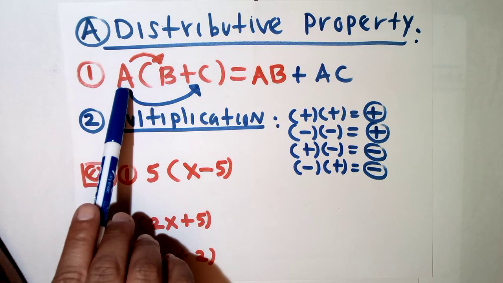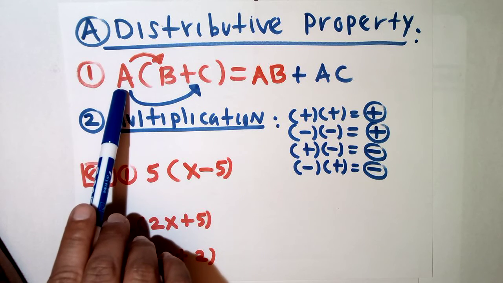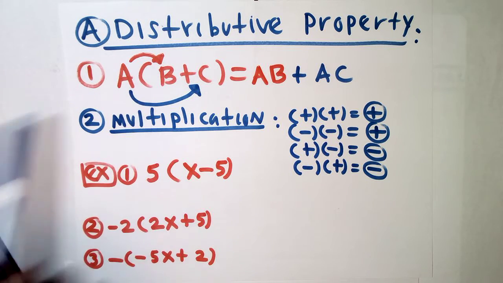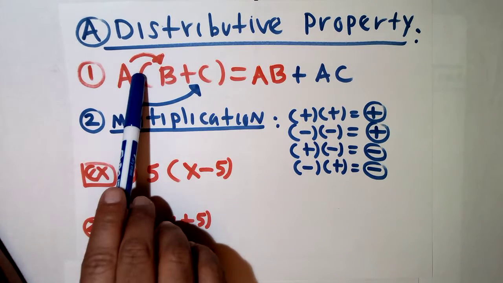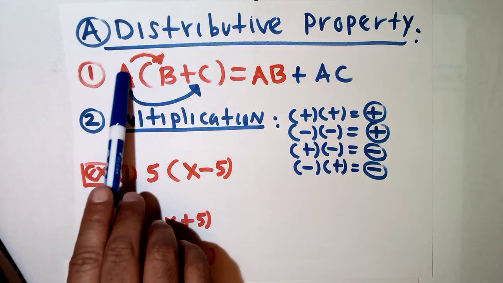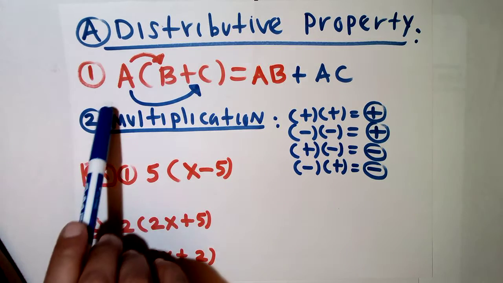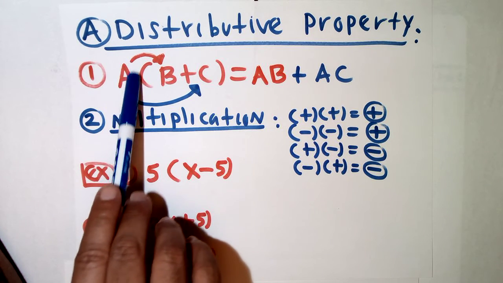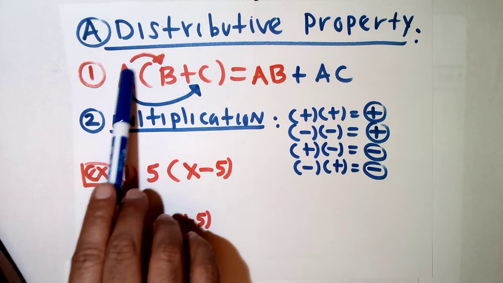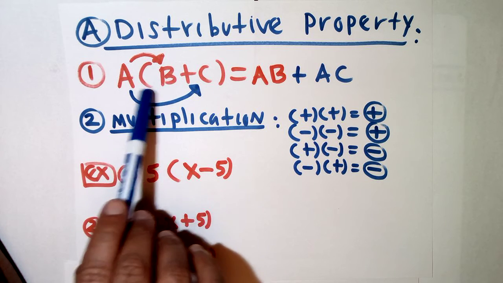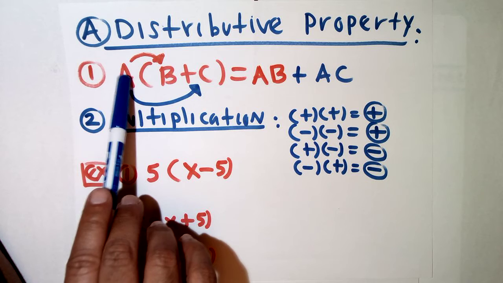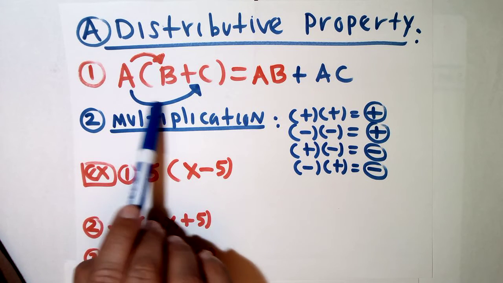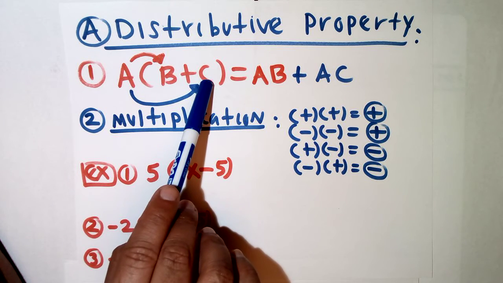You see, the goal of the distributive property is for you to get rid of the parentheses. That's the main goal, and that's how you're going to simplify it. In this case, this is like the coefficient. You look at the outside and then at the inside. You have two terms. Your goal is to multiply the outside by everything on the inside, with the signs.